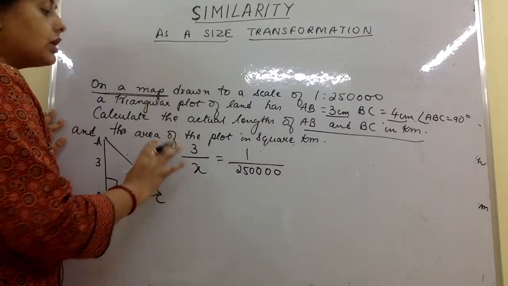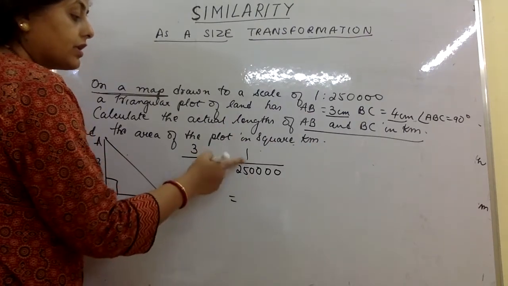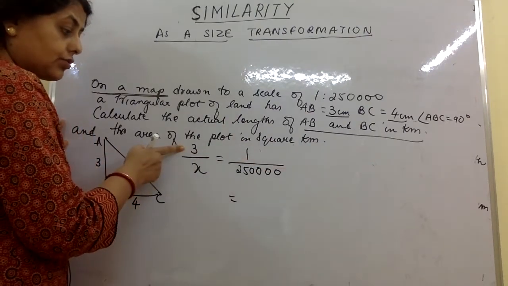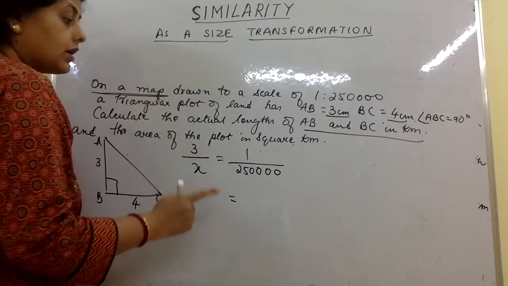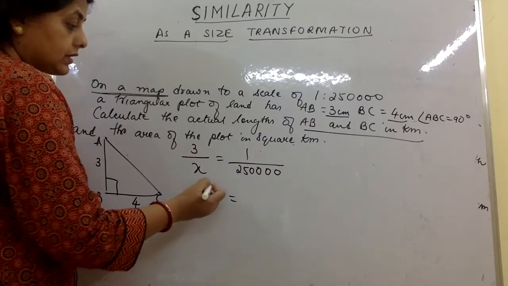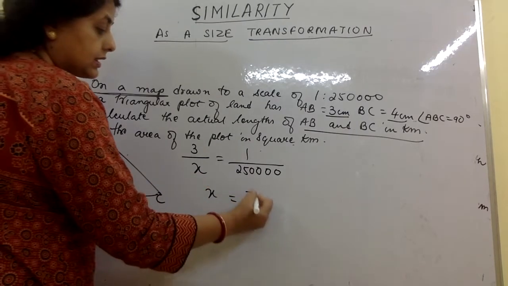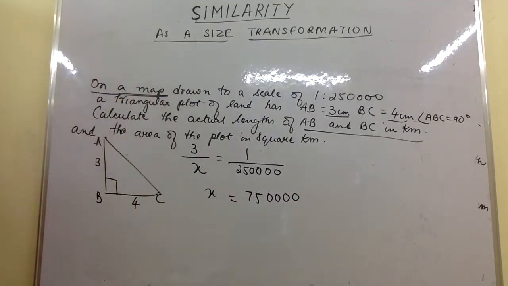But as of now, we are doing the full sum in centimeters only. Remember, this does not have any units, it's a ratio, but this has a unit. So whatever value of x I will get it in centimeters. So now x is how much? x is 75 by cross multiplication. So x is 75 and 4 zeros.